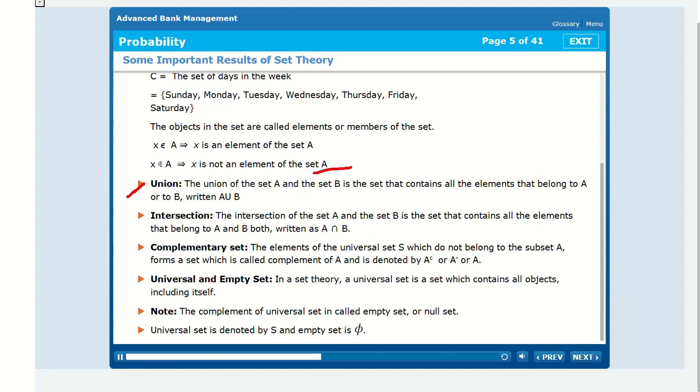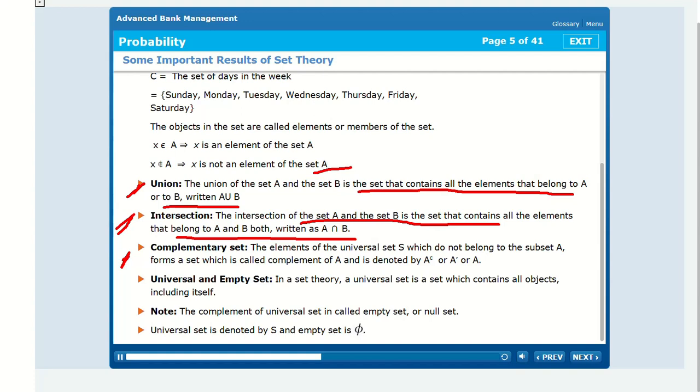Union. The union of the set A and the set B is the set that contains all the elements that belong to A or to B, written A union B. Intersection. The intersection of the set A and the set B is the set that contains all the elements that belong to A and B both, written as A intersect B. Complementary set.